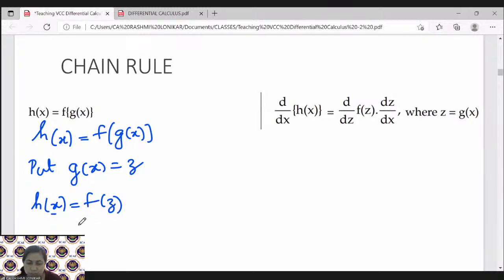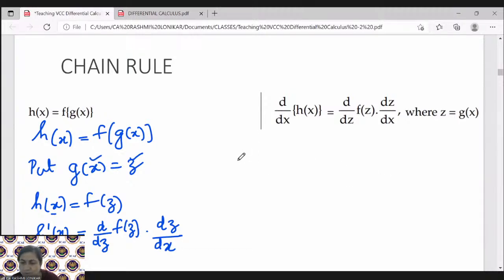So when I have to find h dash x, that is when I want to find the derivative of h, this will be equal to d by dz of f of z, because here the variable is z, so I have to differentiate with respect to z. Then I will find dz upon dx, because z is a function of x.